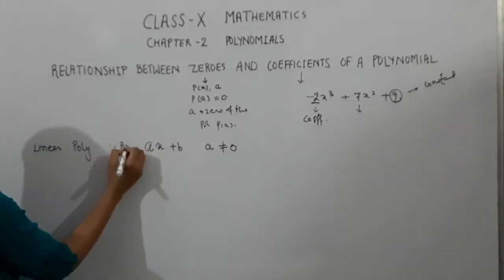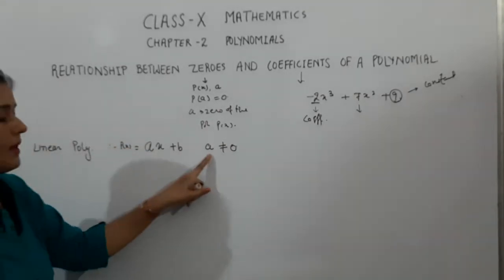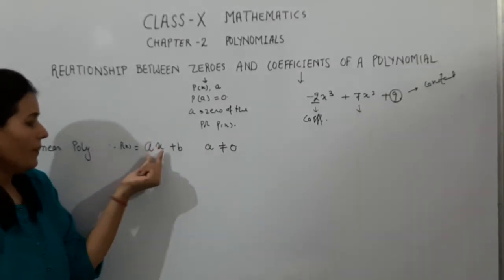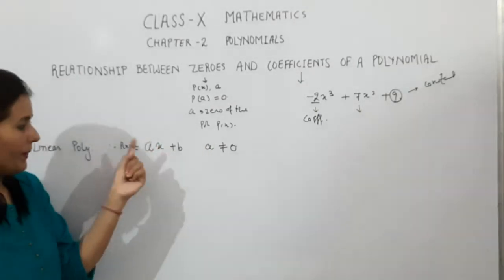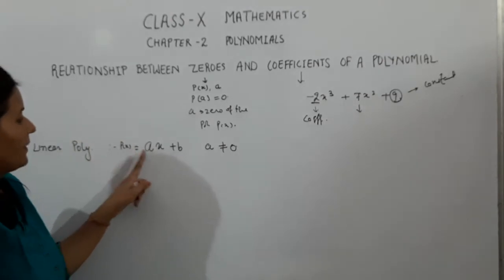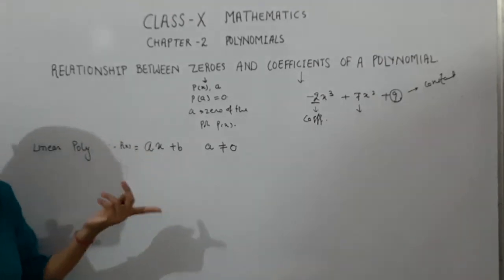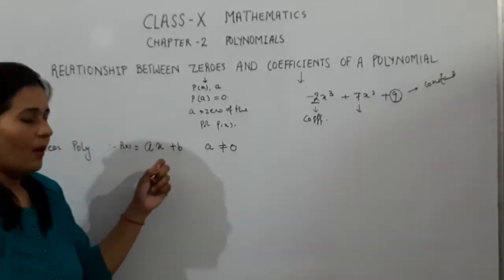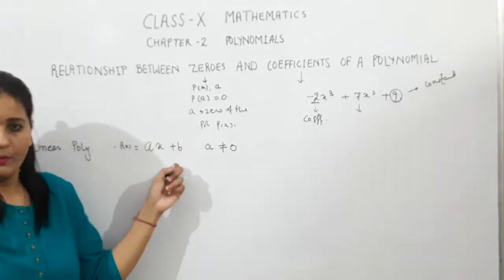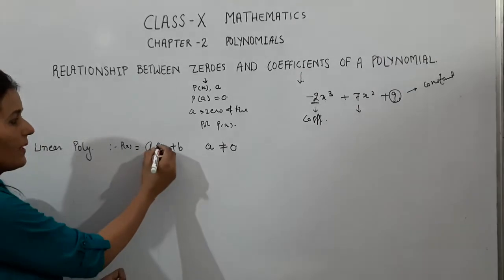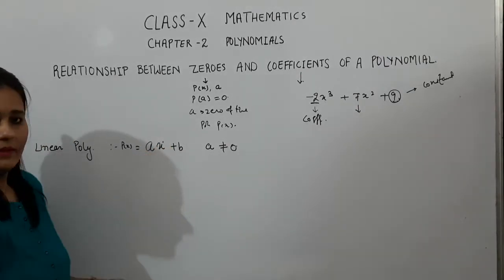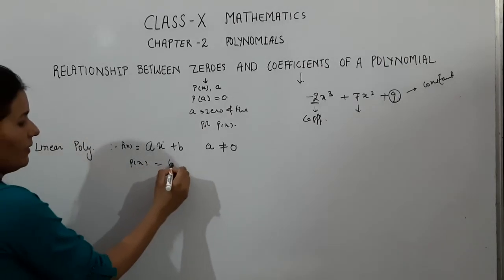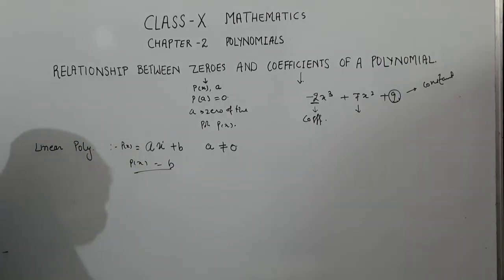You have to note down this thing, a is not equal to 0, because if this a is 0, then this term will become 0, and here p(x) will be equal to b only, right? p(x) is equal to some constant, so it will not be a linear polynomial anymore. For linear we want the x term with degree 1, no, right? If it is p(x) equal to b, then we can't say this is a linear polynomial.